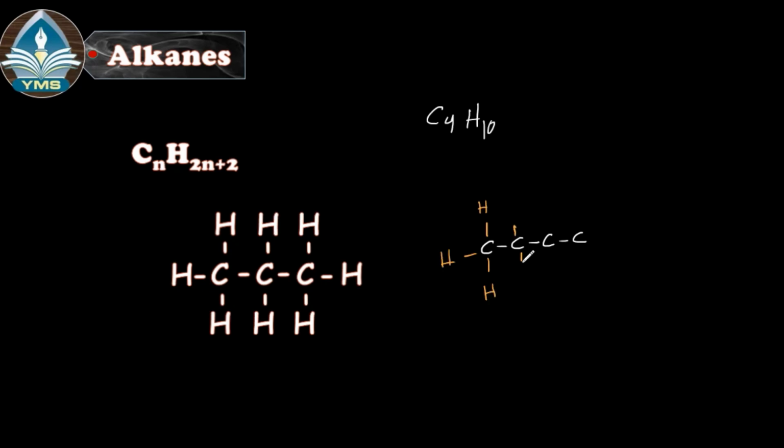This will have 2 hydrogen. This will have 2 hydrogen. The last one will have 3 hydrogen. This is what we mean by saturated, because they have single bonds, and this is how we draw the structure.